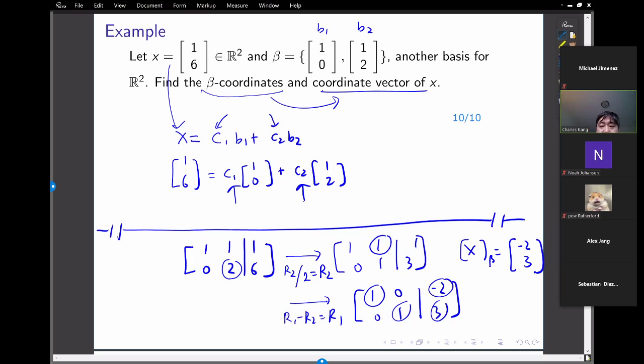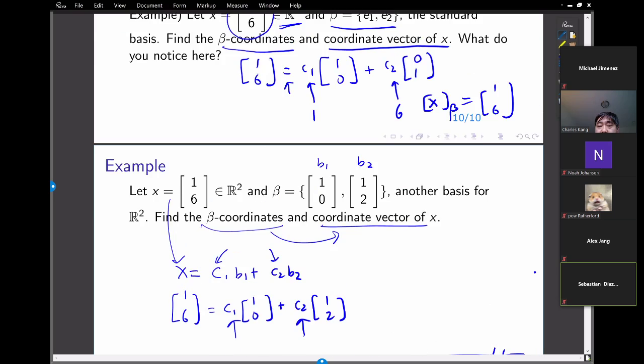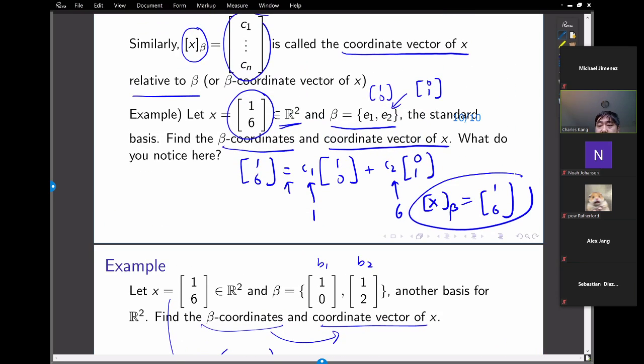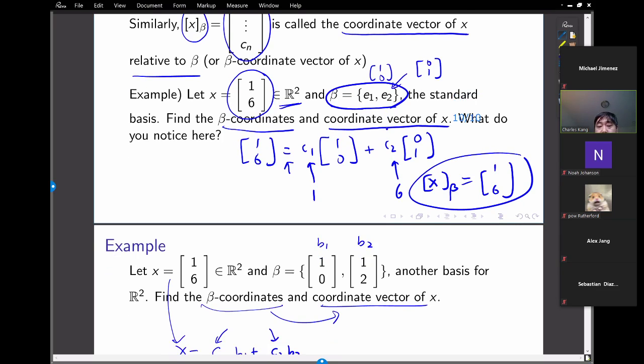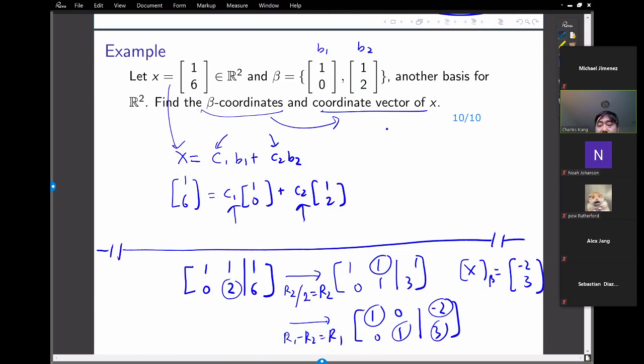Yes. So notice that this is different from this one, because this was relative to a different basis. And obviously, when you have a different basis, coordinate vectors will be different.